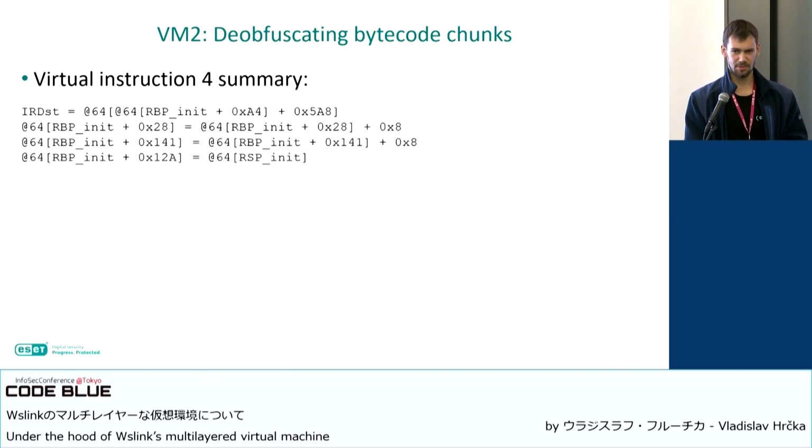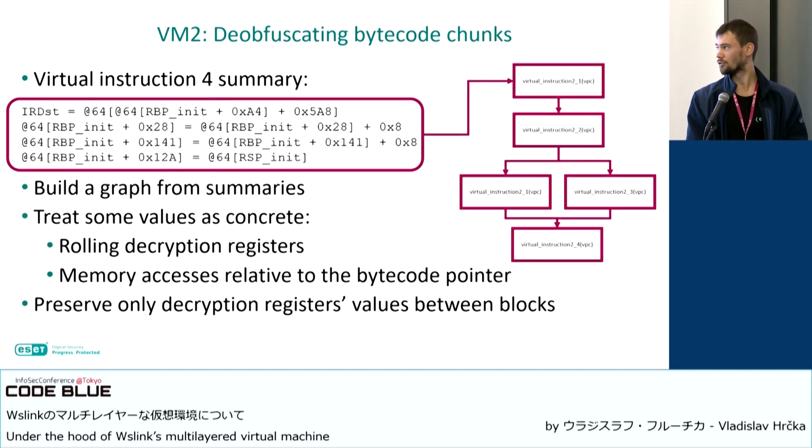So how can we use this to deobfuscate the entire bytecode? This is a summary of one of the instructions, and we want to build a control flow graph out of this to see what's going on inside of the entire bytecode. During that, we treat some values as concrete, particularly rolling decryption registers and memory accesses relative to the bytecode pointer.